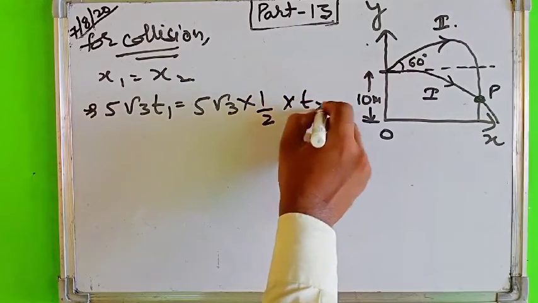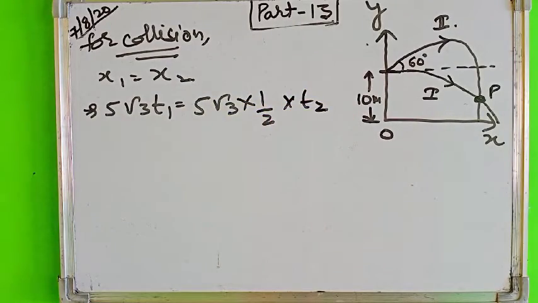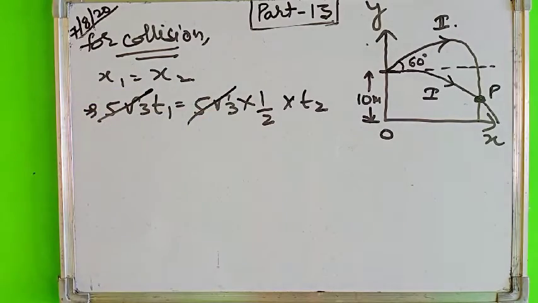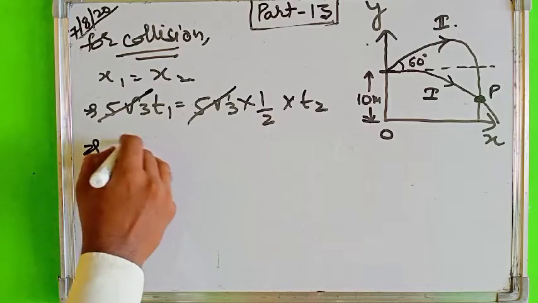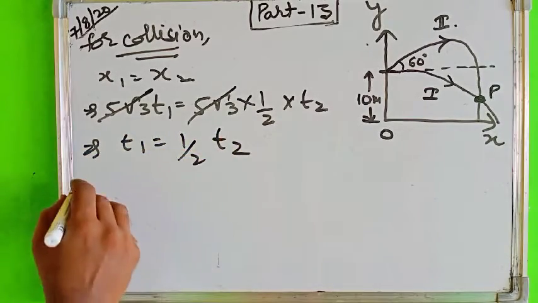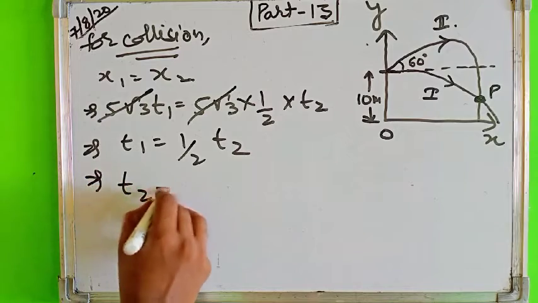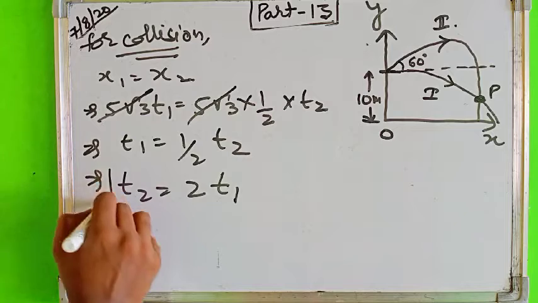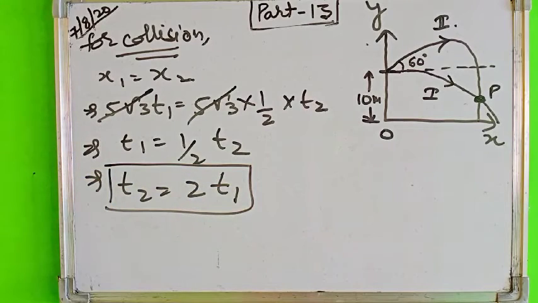From here we will calculate the relation between T1 and T2. 5 root 3 cancels out, and T1 is equal to 1 by 2 T2, and T2 is equal to 2 T1. This is the relation from the first.